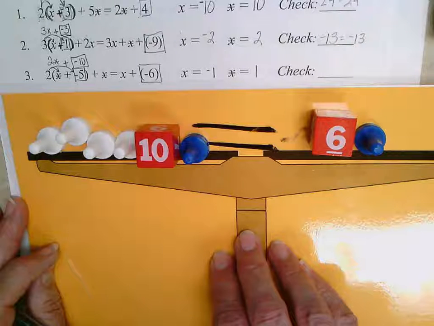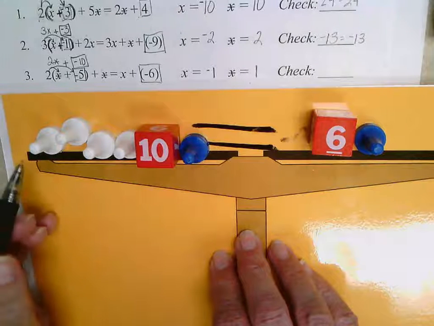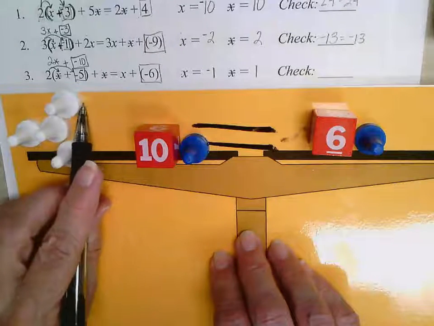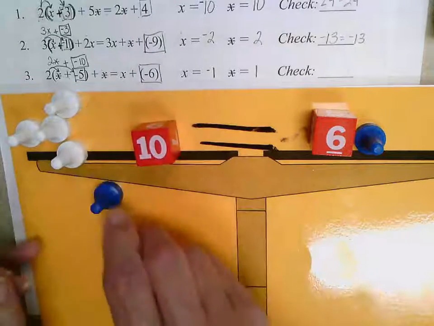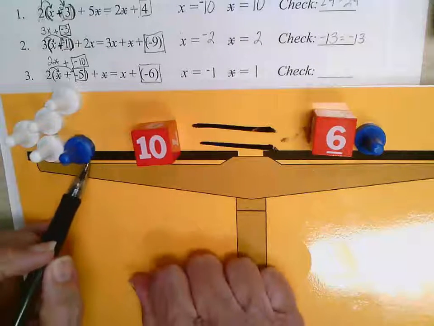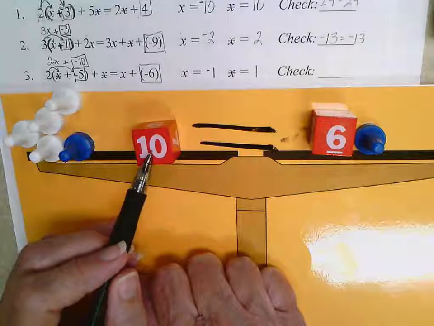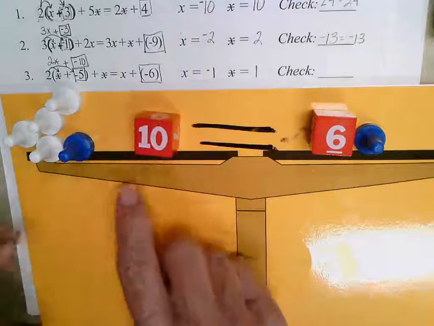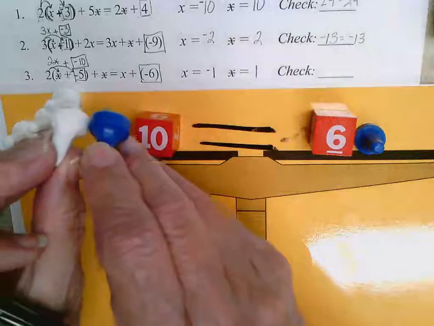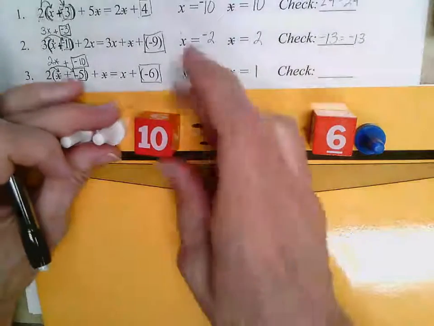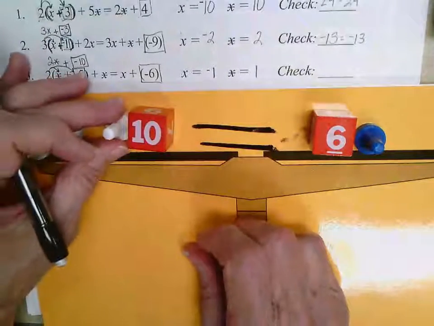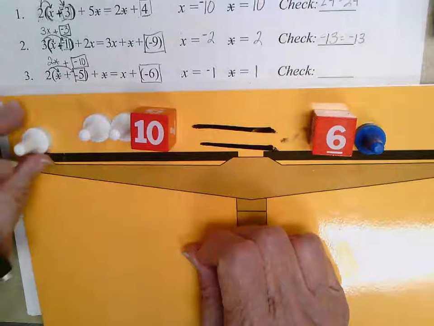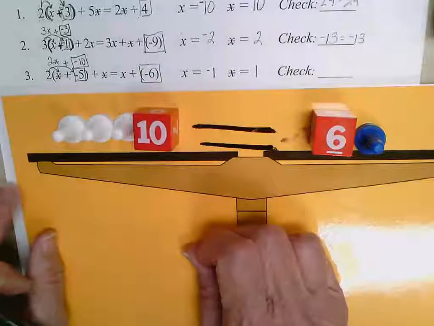So let's start seeing what I have here. 1, 2, 3, 4, there's 4, and minus 1, that's 3, and a negative 10, that's negative 7. Looking at it another way, here's a 0 pair I could take off, and I have a negative 10 plus 1 is negative 9, plus another one is negative 8, plus another one is negative 7.